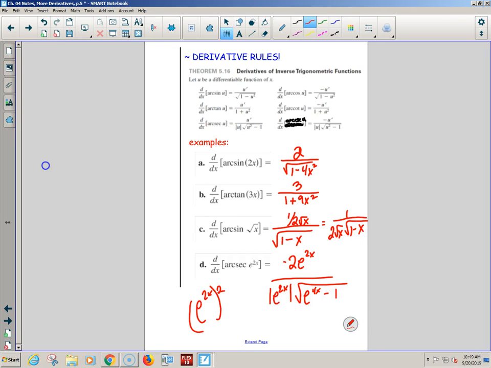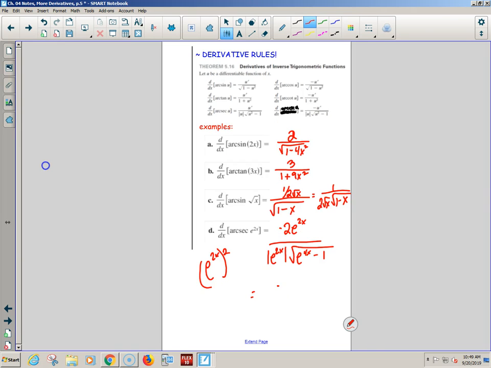But wait a minute, why am I completely legally simplifying further? How was I able just to legally ignore that absolute value to reduce the top and the bottom? Who's your e to the x graph?